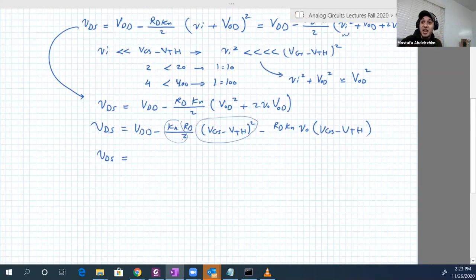If there is no AC input and we only have DC, this will be capital ID. So this is VDD minus RD ID capital, and ID is the DC portion of small i_D. Remember, we have two components, AC and DC.